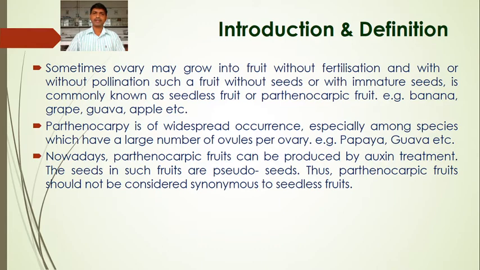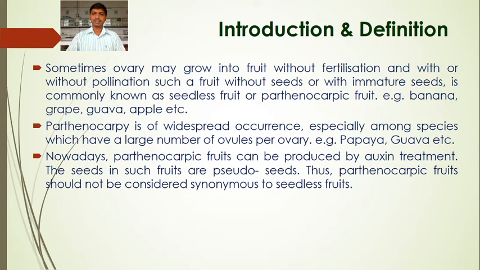For example, banana, grape, guava, apple. These are some examples of the parthenocarpic fruit or seedless fruit. Parthenocarpy is of widespread occurrence, especially among species which have a large number of ovules per ovary. For example, papaya, guava.